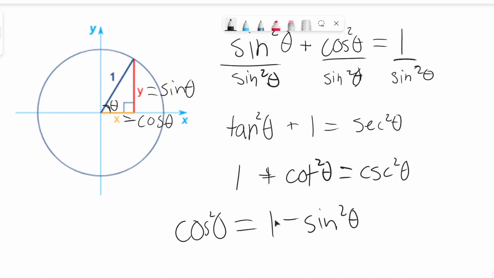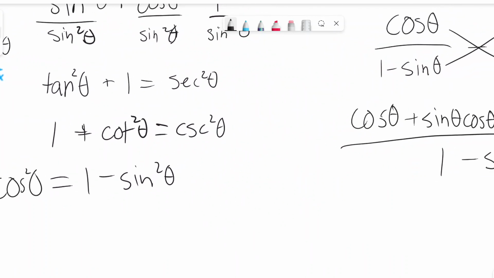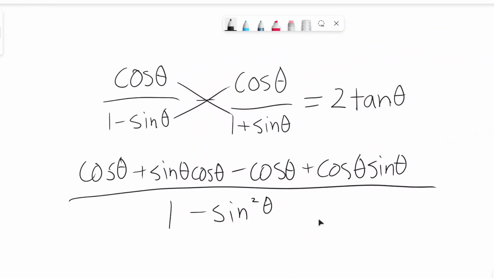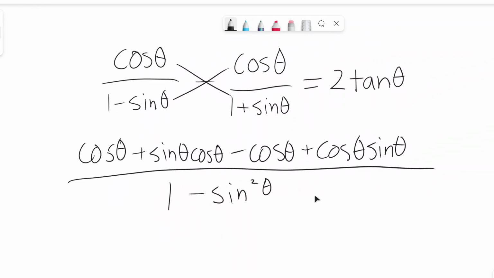It's the same thing. See, 1 minus sine squared theta on this side as well. So we can rewrite this as basically cosine squared theta.